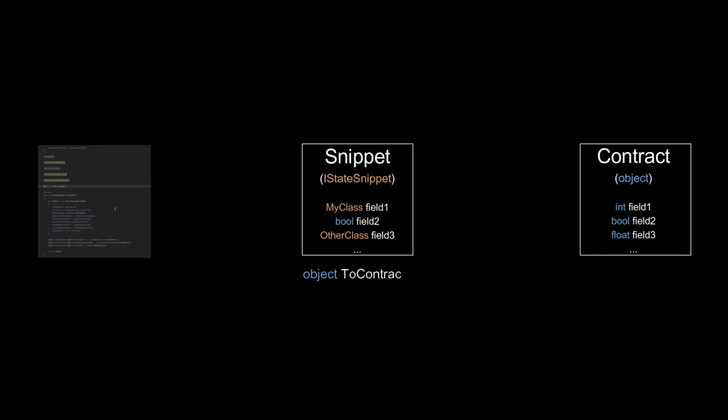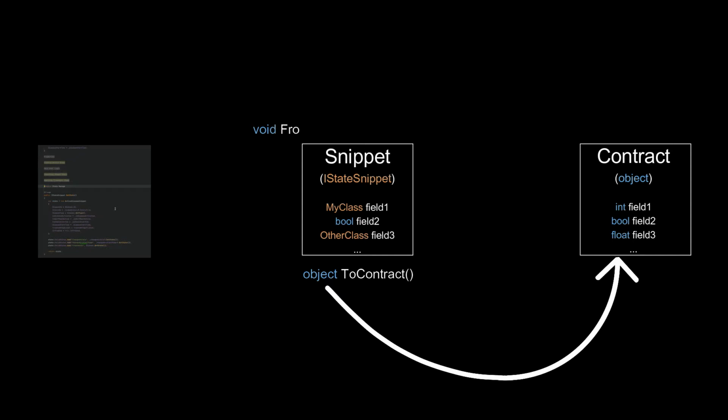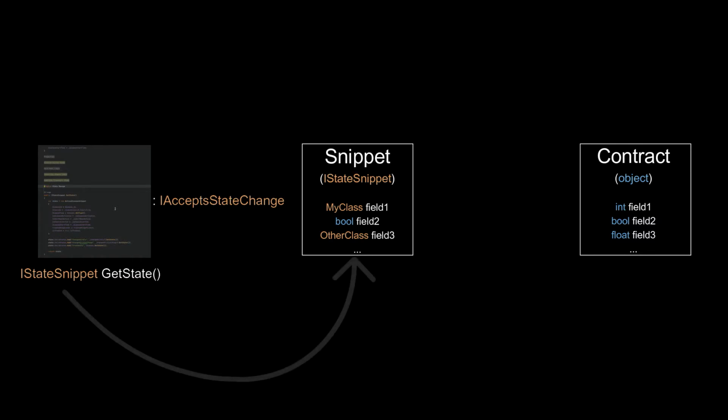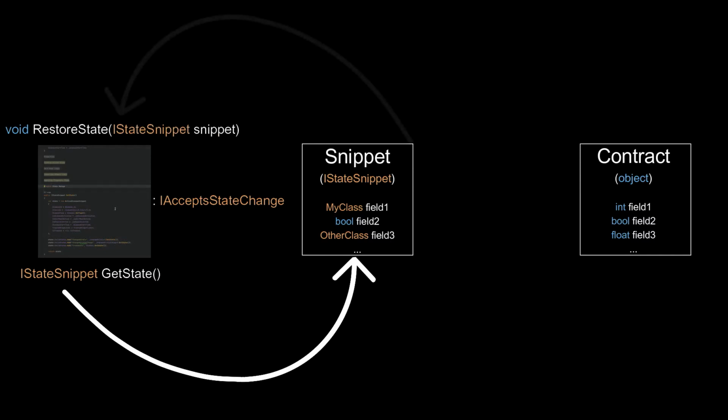In ToContract, write all the info stored in the snippet into a new instance of the contract you just created. And in the FromContract method, fill your snippet with the data stored in a given contract instance. Third, in your class, implement the I_accept_state change interface, and on getState, return an instance of your newly created snippet filled with data from this class. And on restoreState, fill all needed private and public fields and properties of your class from the data from a given snippet. That's basically it.